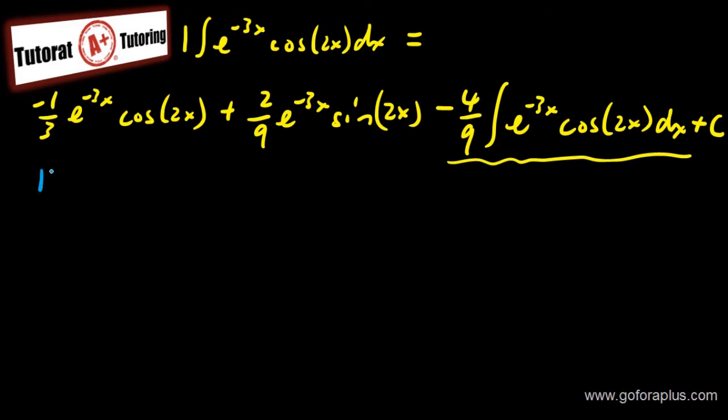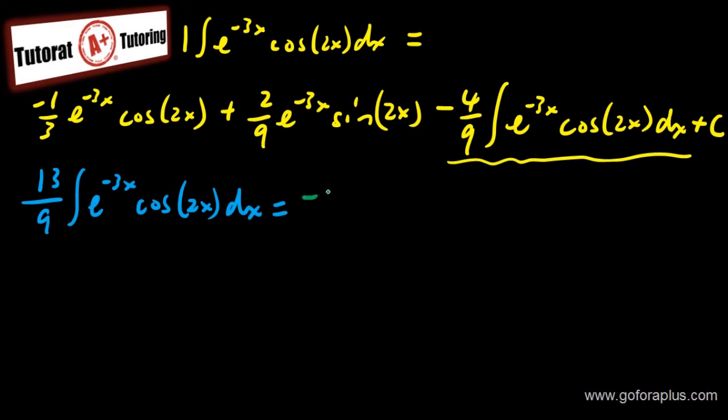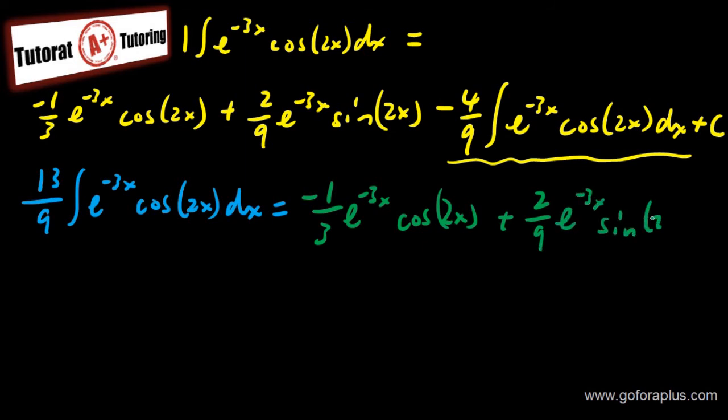So I have 13/9 integral of e to the minus 3x cos of 2x dx equals to, now what happened here is just stay there, minus 1/3 e to the minus 3x cos of 2x plus 2/9 e to the minus 3x sine of 2x plus c. Now all you need to do is multiply with 9 divided by 13.